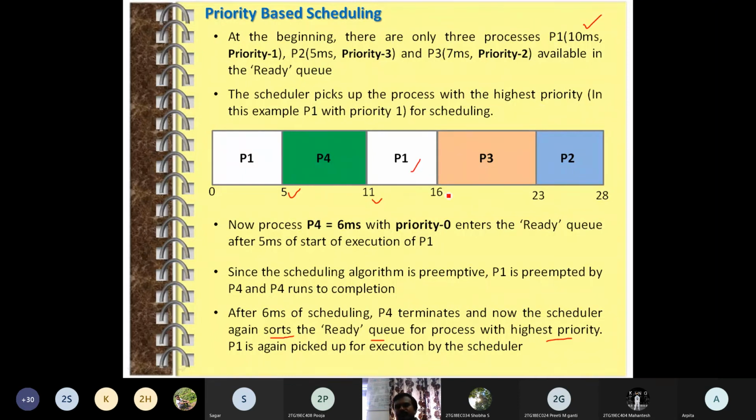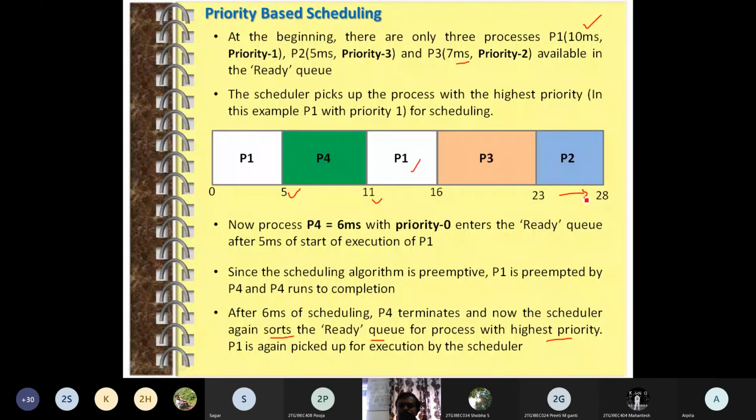Now, after completion of P1, P3 is going to run because it is the next highest priority. So P3 is going to take 7 milliseconds. After P3, once again, the next priority is P2. So P2 is going to complete its task, taking 5 milliseconds.